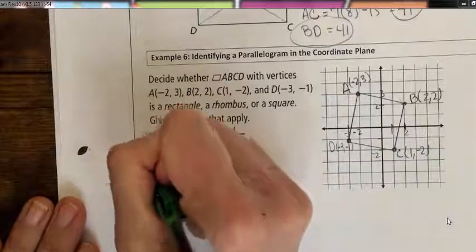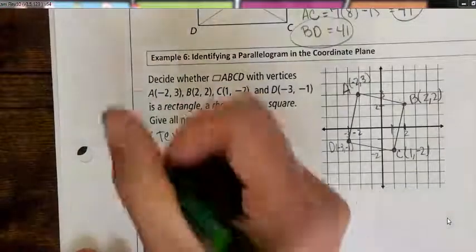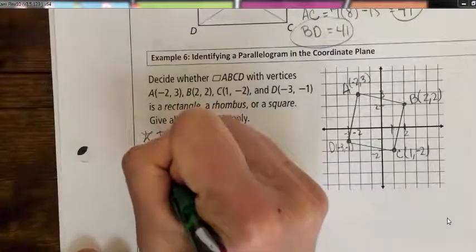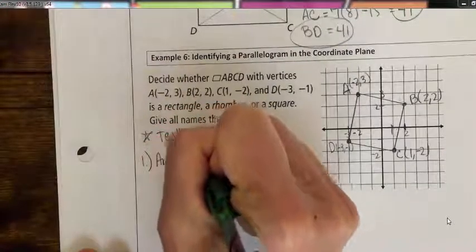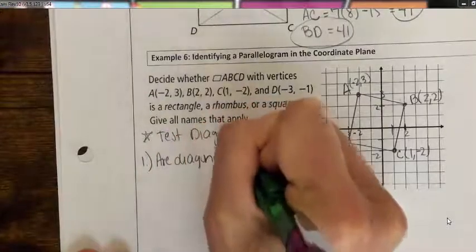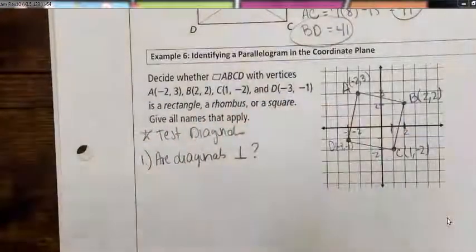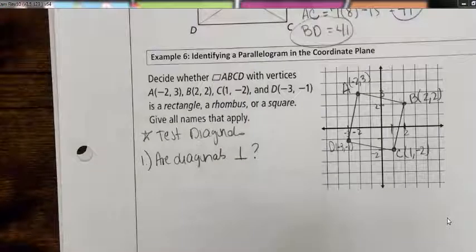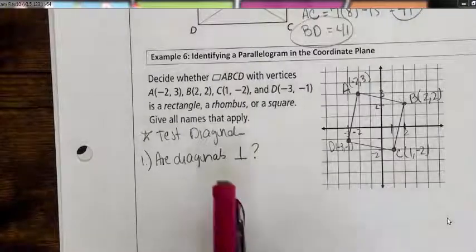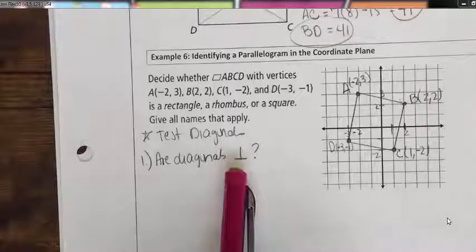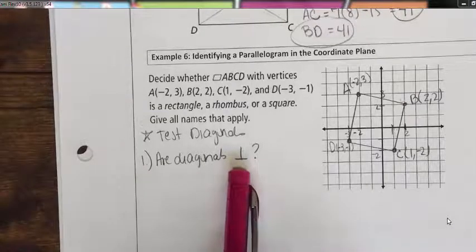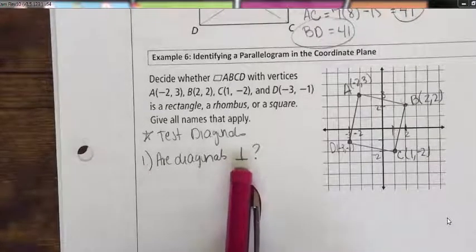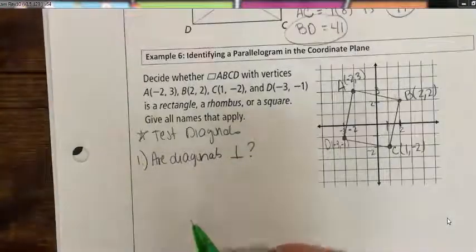All right, so first of all, are the diagonals perpendicular? Well, how would I know that? The way I could figure that out is by looking at the slopes, right? Perpendicular lines or segments have opposite reciprocal slopes. So let's look at the slopes of the two diagonals.